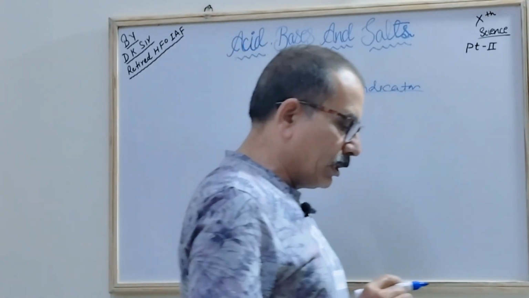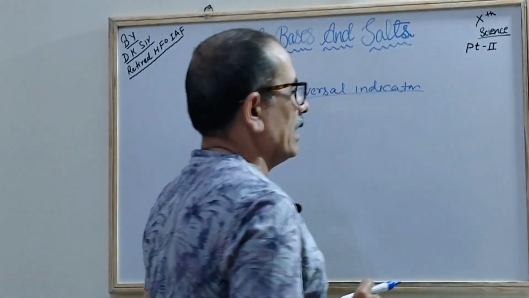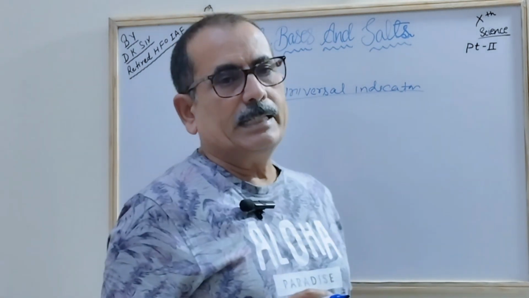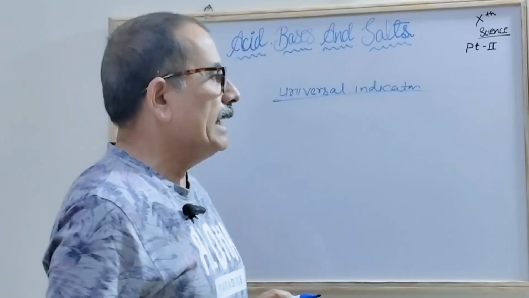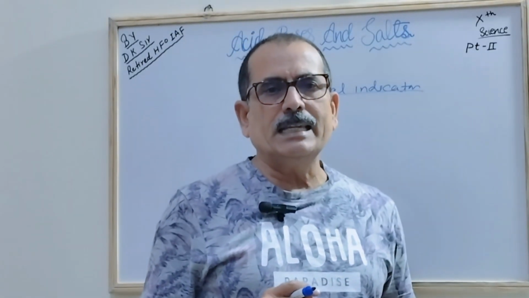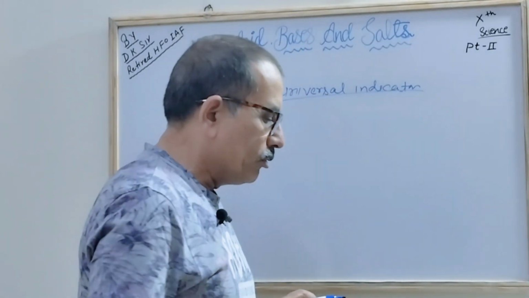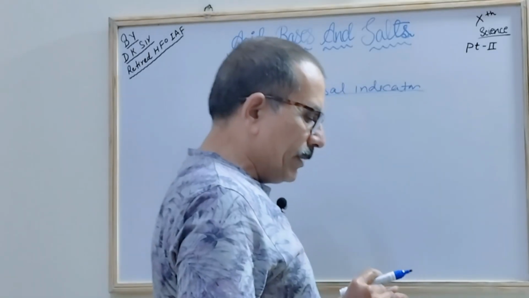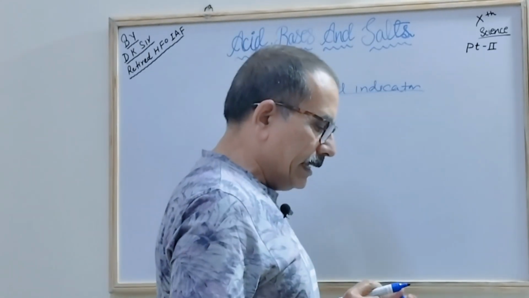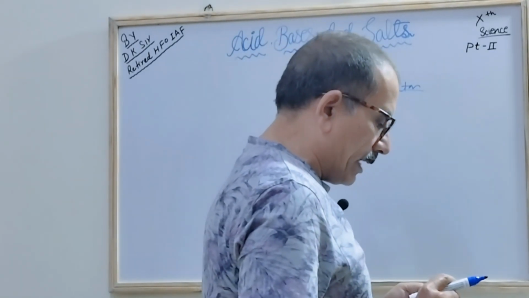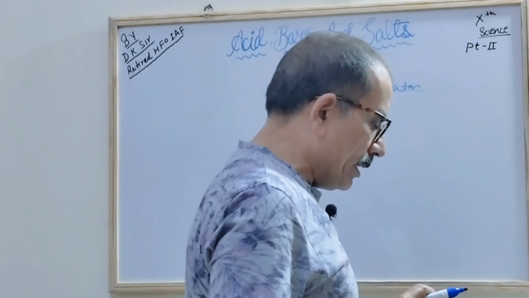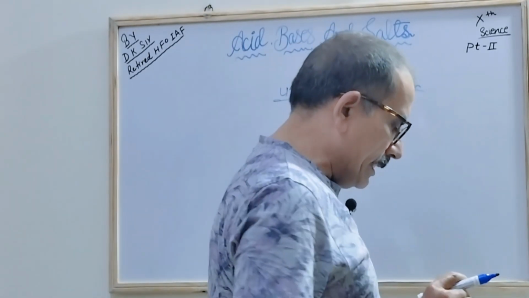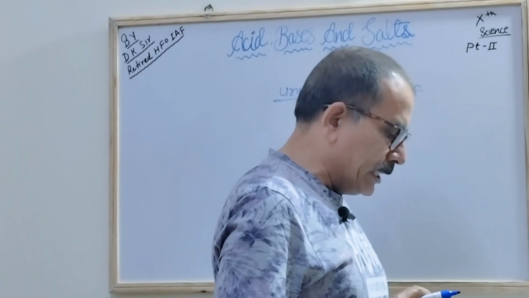But what about the extent? Whether it is a strong acid or a weak acid, a strong base or a weak base? To find that out we are using the universal indicator, which is preferred over the litmus paper, to judge how strong a given acid or base is.